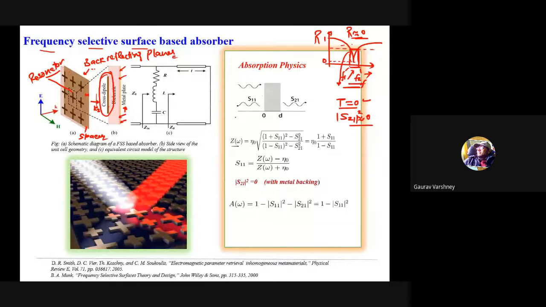When any electromagnetic wave falls over this unit, the wave is reflected back, and the resonator is already providing minimum reflection, meaning r is already zero, and due to the placement of this back reflecting plane, transmission becomes zero. In that case, this whole unit will be utilized as an absorber.